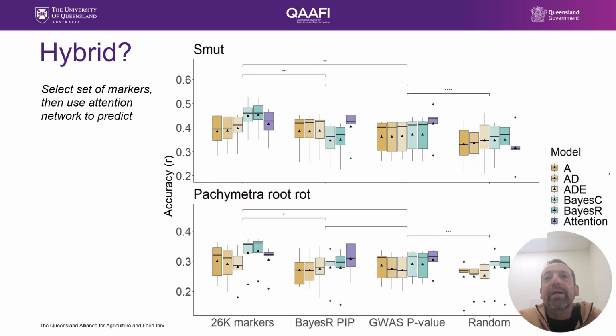And this is true for both SMUT and Pachymetra. So this hybrid model is giving slightly higher accuracies. And it's actually true whether you use Bayes-R to pick your SNPs or a GWAS to pick your subset. So this is one promising area.